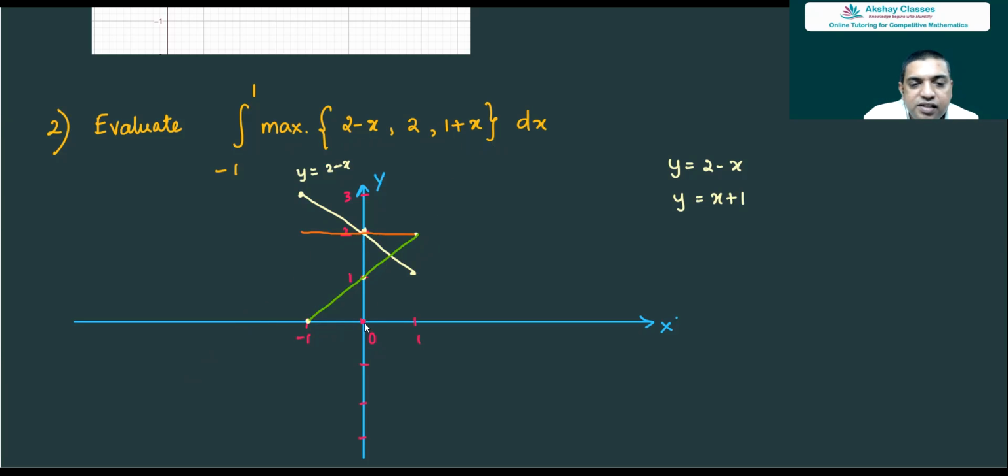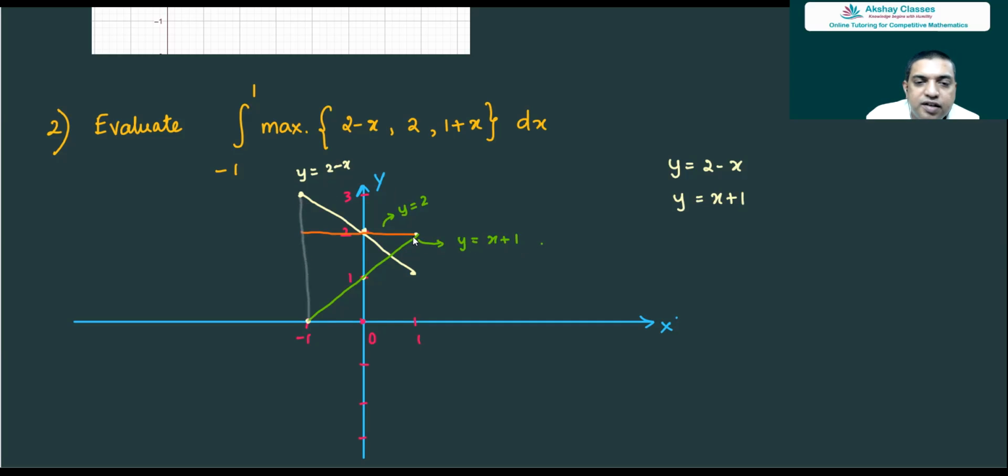And between 0 and 1, which is maximum? Both these graphs are lying below y equal to 2. So y equal to 2 is the maximum here. This is y equal to x plus 1.